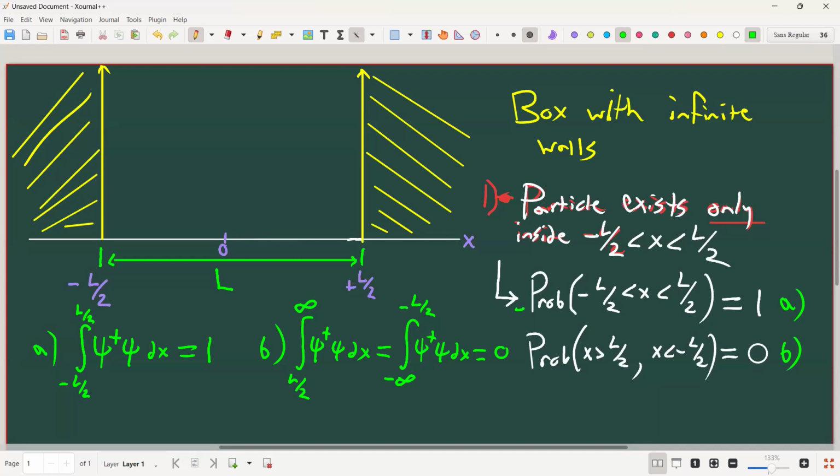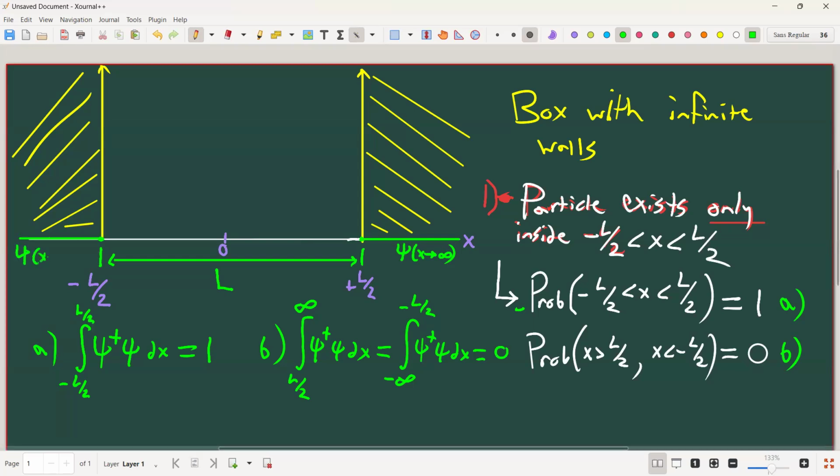So what can we conclude about this function? Well, first of all, psi outside of the box is 0. Anywhere from L over 2 to infinity, the wave function is 0. That's psi as x goes to infinity. It's 0. And anywhere left of the box, it's 0.